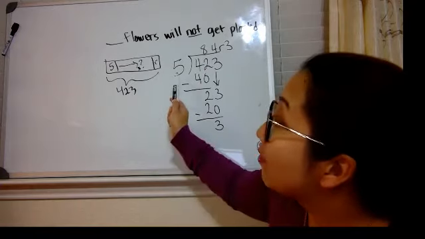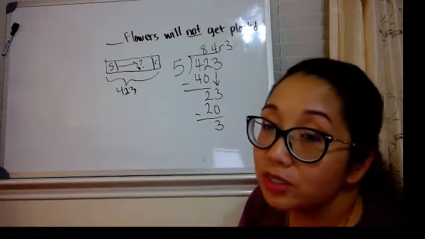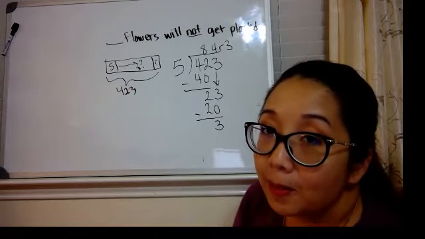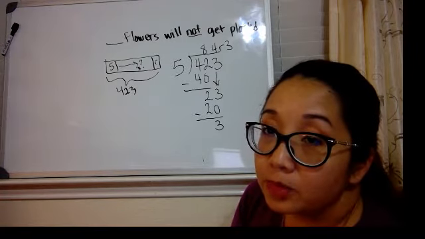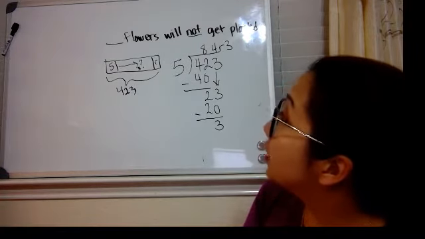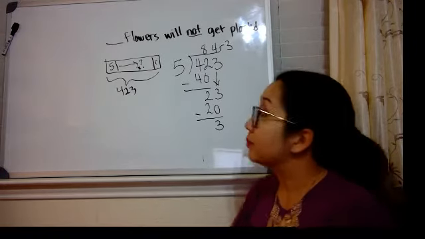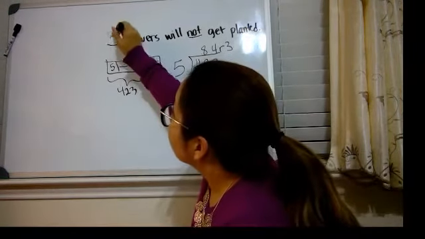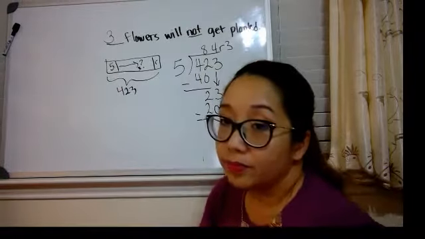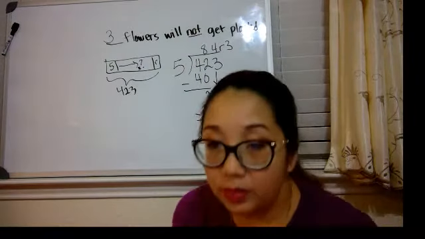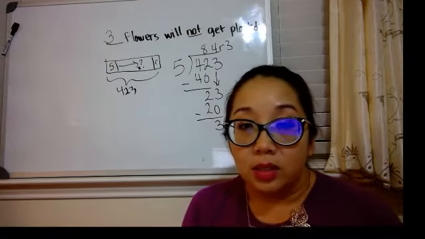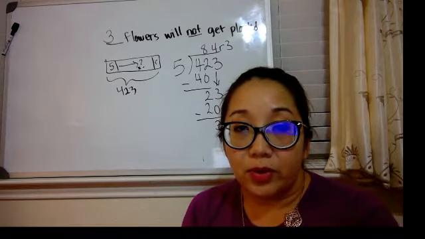You know what the 5 is? That's 5 flowers in every pot. So, which of these is the number of flowers that will not get planted? It's 3. Okay. So let's move on to number 3.